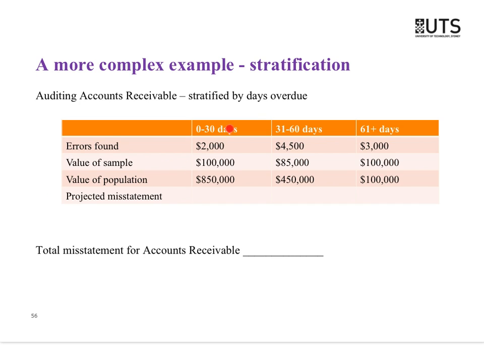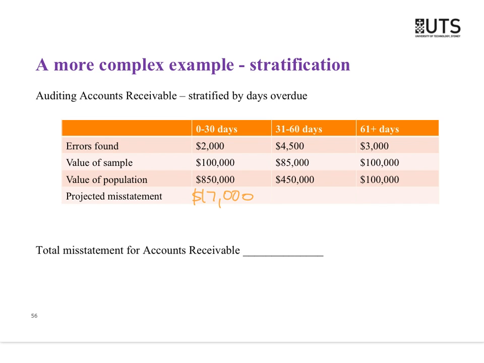So what I need to do is use my same formula on each of these little boxes of information. Let's do that right now. So 2,000 divided by 100,000 multiplied by 850,000 is 17,000. All right, let me just write that in.